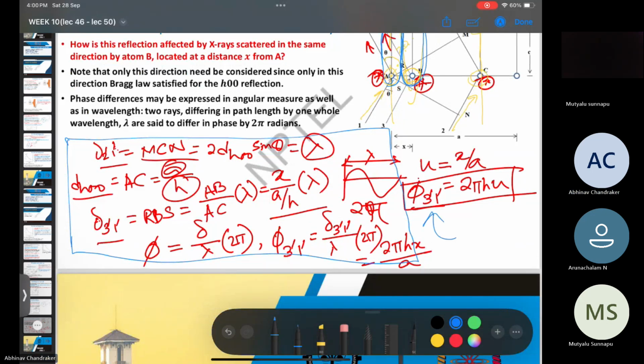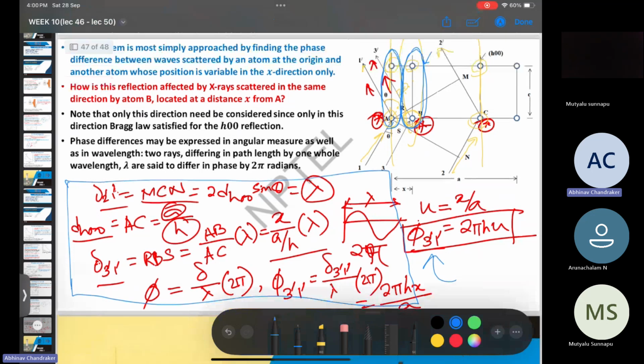phi. For example, between incident beam 1 and incident beam 3 will be equal to 2 pi into h, which is the index of the H00 plane. So the magnitude of the H00 plane index, and use the fractional lattice coordinate of this atom.